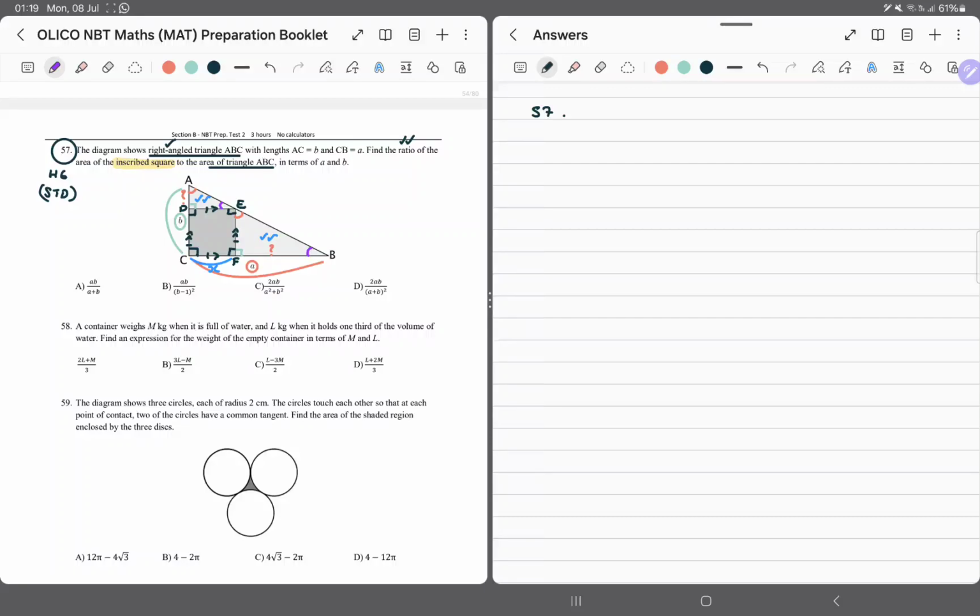And then one needs to prove similarity of these triangles. Then after proving the similarity of the triangles, use the sides in proportion to work out a particular ratio. But at this point, I am not going to waste my time doing that because this video is going to be longer than it's supposed to be.